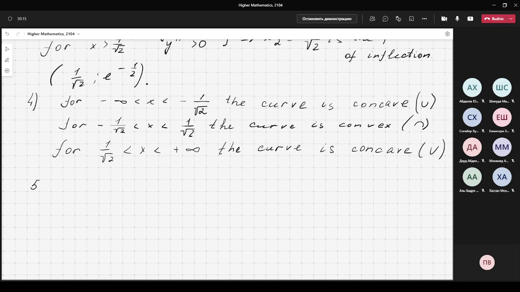The second. From the expression of the first derivative, y prime equals minus 2x times e to the power of minus x squared. It follows that for x less than 0, y prime is greater than 0, the function increases.